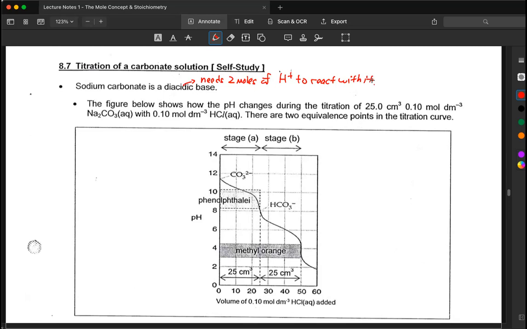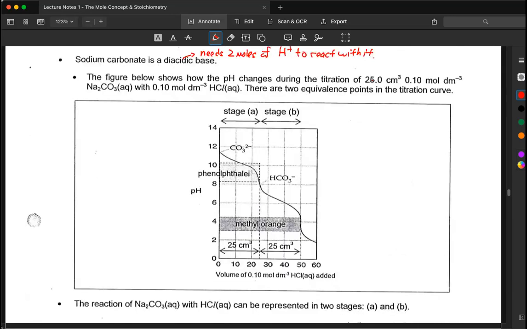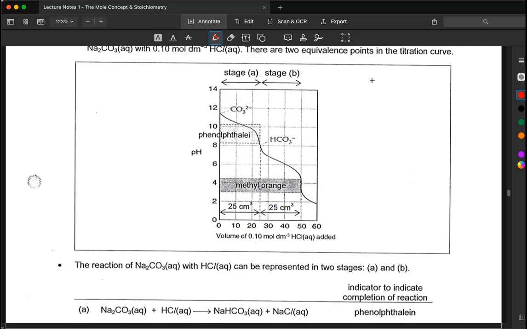So there are 2 equivalence points in the titration curve. The reaction of sodium carbonate with HCl can be represented in 2 stages, A and B.